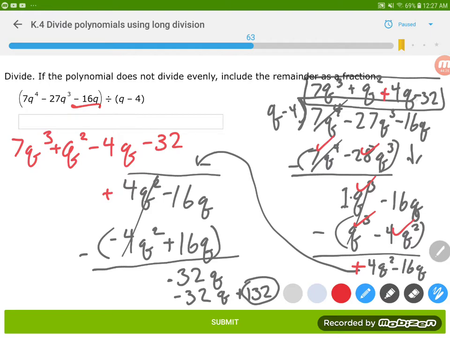So 4q times q would be a positive 4q squared. And then positive 4q times negative 4, that would make this a negative 16.